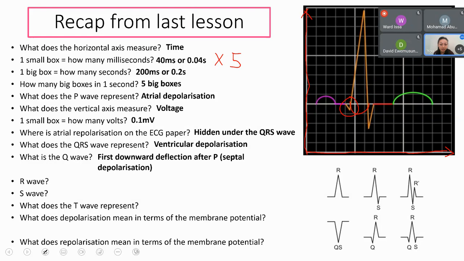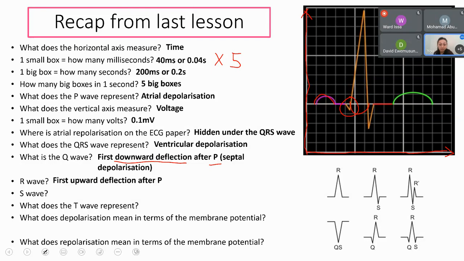The Q wave is the first downward deflection after the P wave. So this is the P wave, and whatever downward deflection comes after that is the Q wave. The Q wave represents septal depolarization. This is important for today's lesson. It's the first to be depolarized in the ventricles, okay?